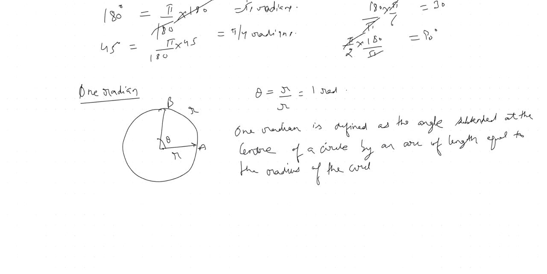So 1 radian is equal to 360 degrees by 2 pi. If you put the value of pi, you will get approximately 57.3 degrees. So this is the value of 1 radian.